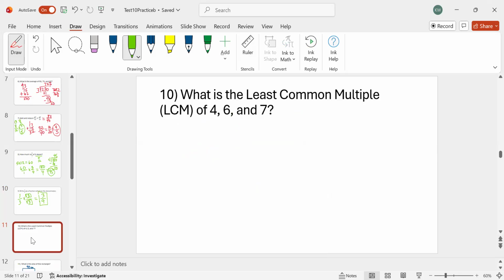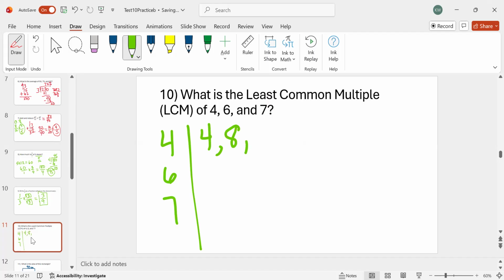All right, so if we're writing this out, 4, 6, and 7, I'm going to make a little table here. 4 times 1 is 4, 4 times 2 is 8, 4 times 3 is 12, 4 times 4 is 16, 4 times 5 is 20, 4 times 6 is 24, and 4 times 7 is 28. We'll see if we have to go further than that.